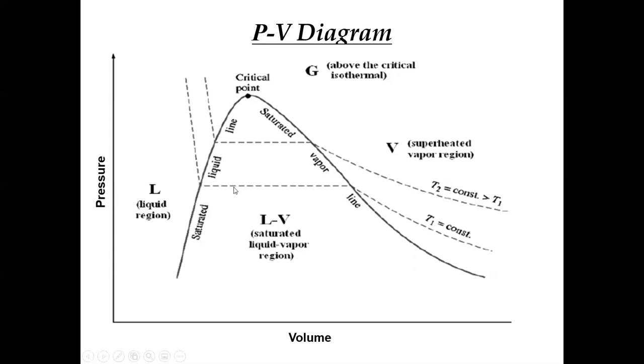So this would be a piston cylinder that maintains constant pressure, and the volume increases significantly as I boil away that fluid until I get over to the saturated vapor line. And then if I drop pressure from there and maintain temperature, I will move out into this superheated vapor region. So that's T1. If I had a higher temperature, I can draw it like this.